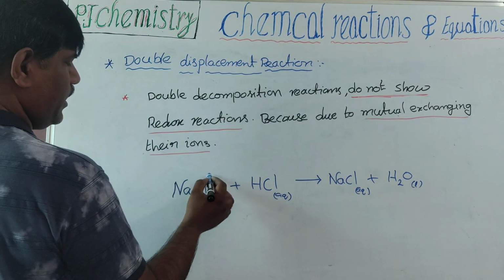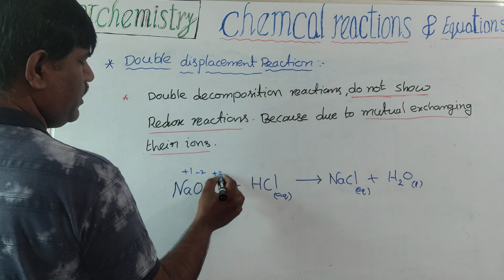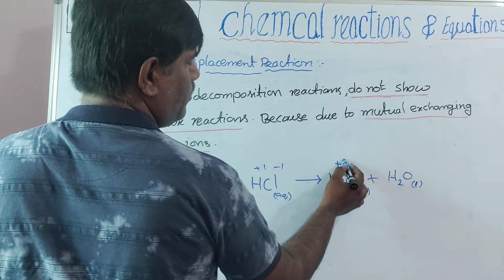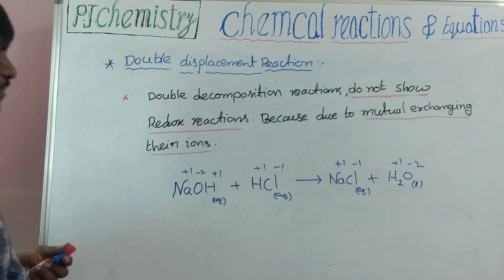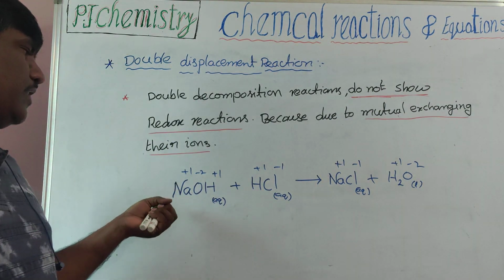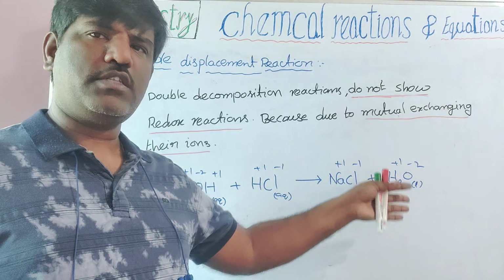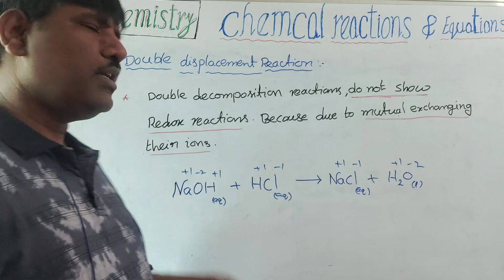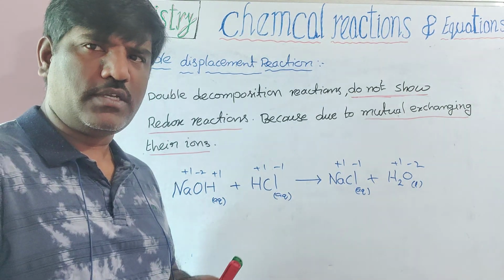In sodium hydroxide, sodium +1, oxygen -2, hydrogen +1; in HCl, hydrogen +1, chlorine -1; in NaCl, sodium +1, chlorine -1; in H2O, hydrogen +1, oxygen -2. Observe any changes in oxidation number. Reactant side and product side, no change. When no change occurs, we cannot say which is oxidation and which is reduction.